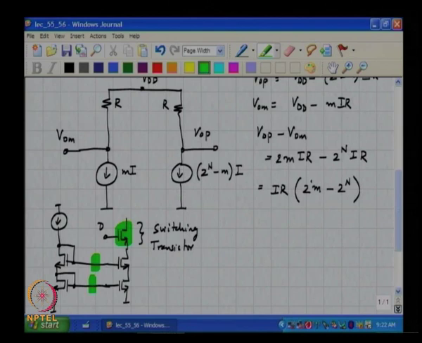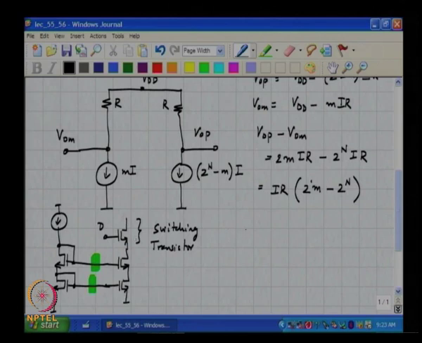Okay. So, if the switching transistor is in the saturation region, then effectively the switching transistor also acts like a cascode device, right. It is another common gate stage, and therefore, the effective output impedance of the tail current source is multiplied by a further factor of gm times ro.